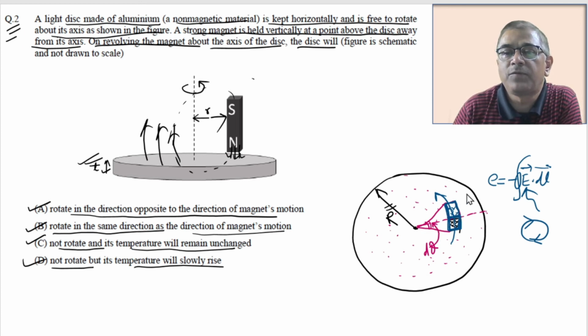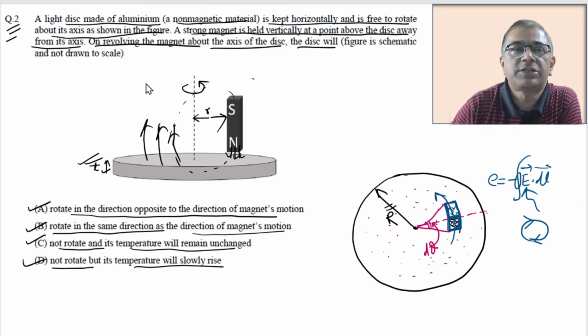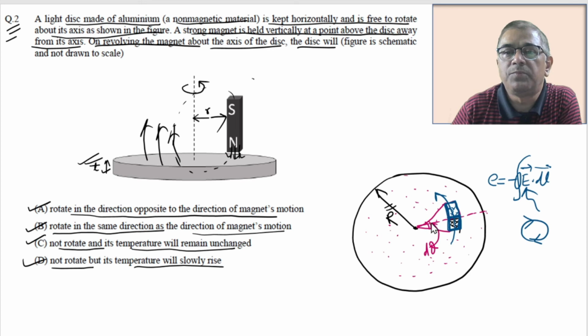So see, because of the production of the electric field, there will be electron movement. Because there is electron movement, current is also induced. Is it right? And let's assume the induced current is like this, and we will see why I have chosen the induced current like this.